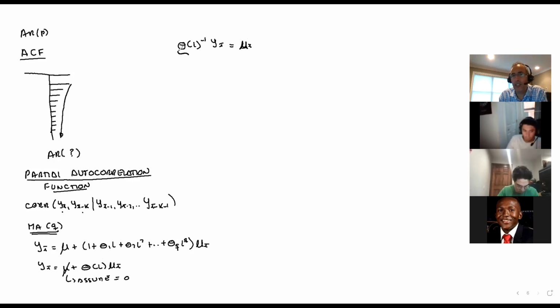However, guys, this is a geometric progression that goes to infinity. So basically, this one will be yt, theta yt minus 1, theta squared yt minus 2, theta cubed yt minus 3, up to theta to the infinity. Got it? So that's why an MA(q) is equivalent to an AR of infinite lags.